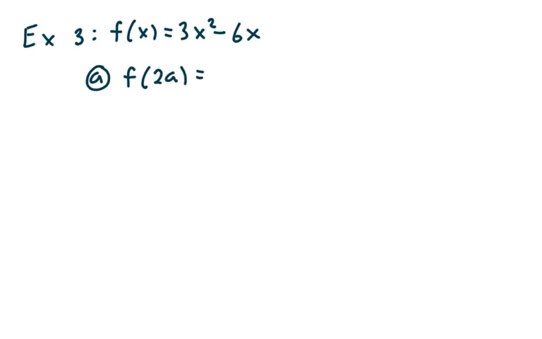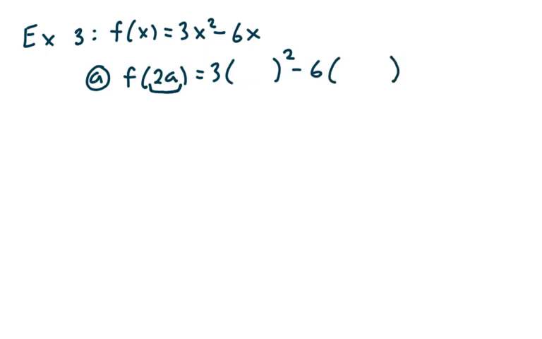So wherever I see an x, I'm going to replace it first with open parentheses, because inside these parentheses, what you're evaluating f at is getting harder, right? And so I would encourage you to replace x with open parentheses first.